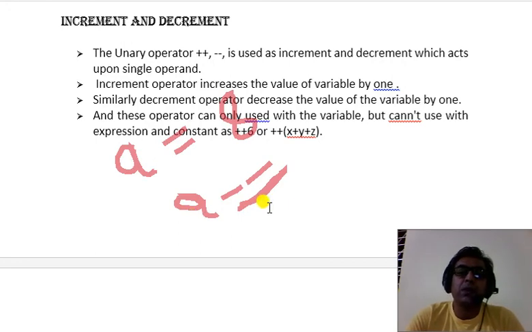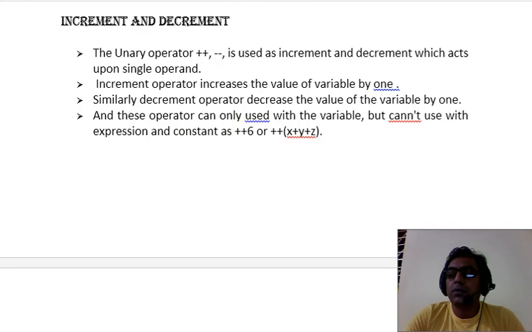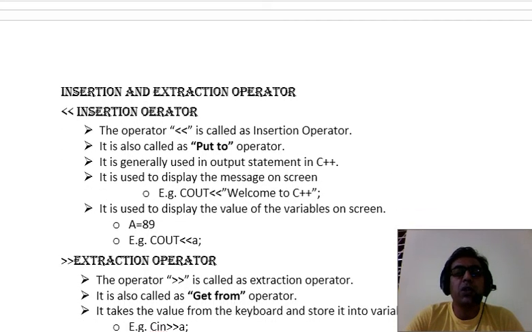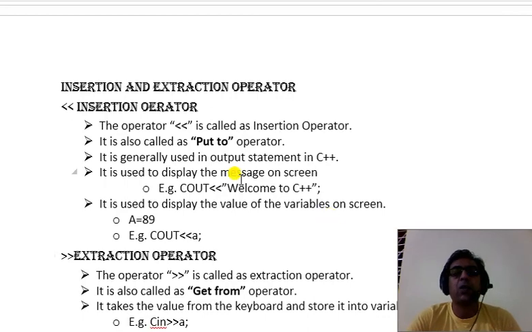Now next are the insertion operator and extraction operator. These two operators are very important in C++. In each and every program we use the insertion operator and extraction operator. The insertion operator is also called the put to operator.